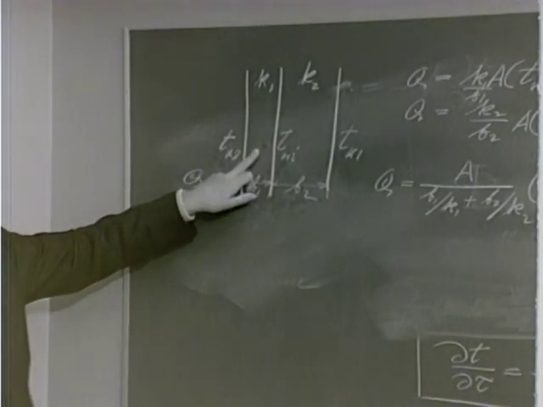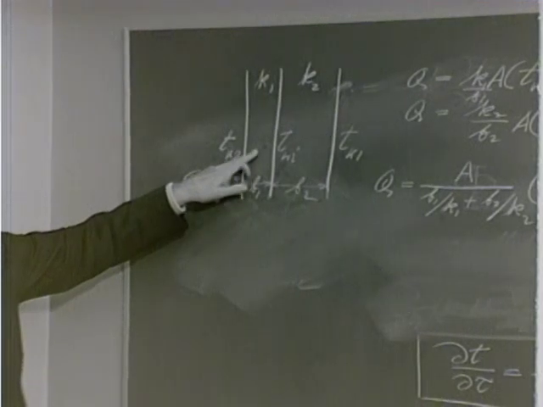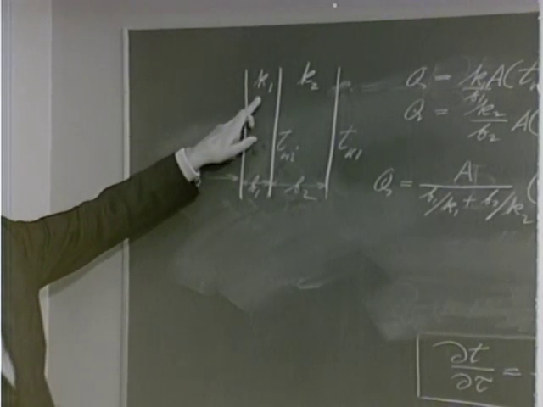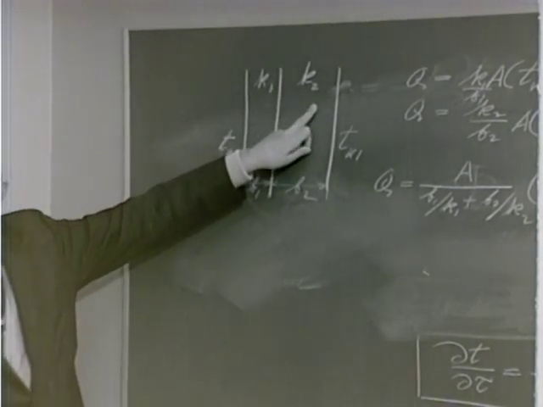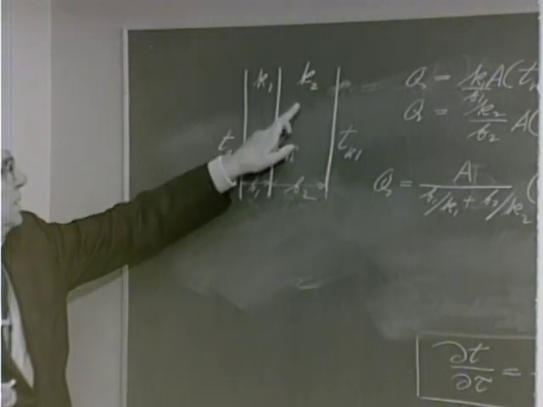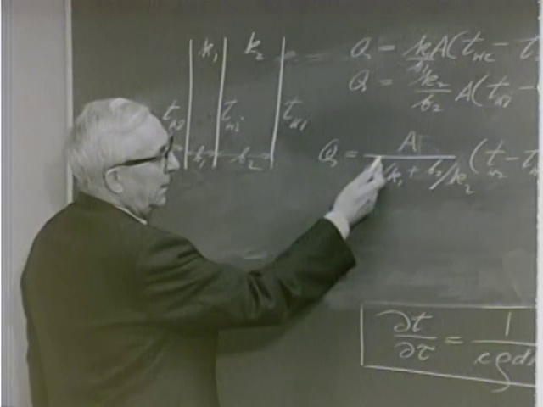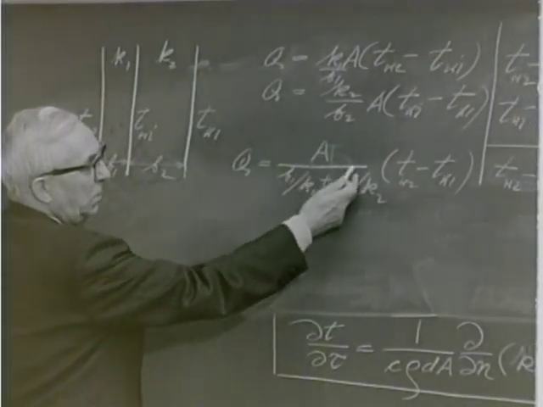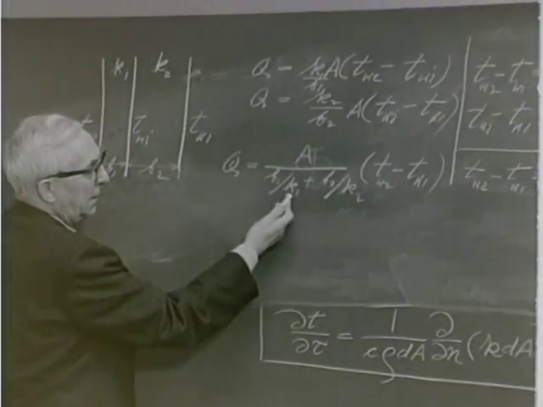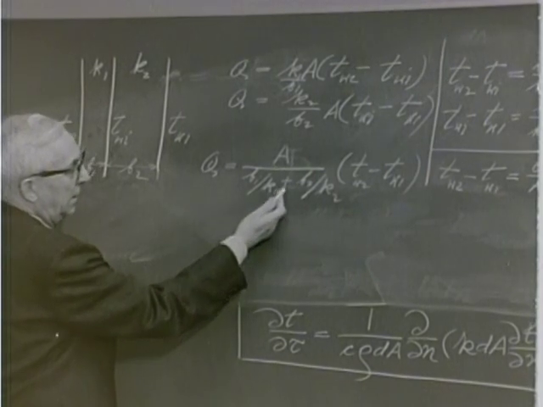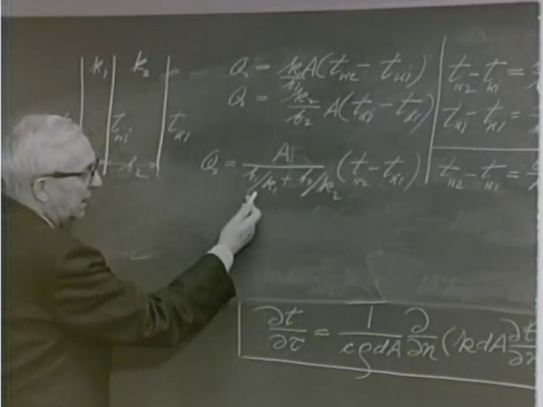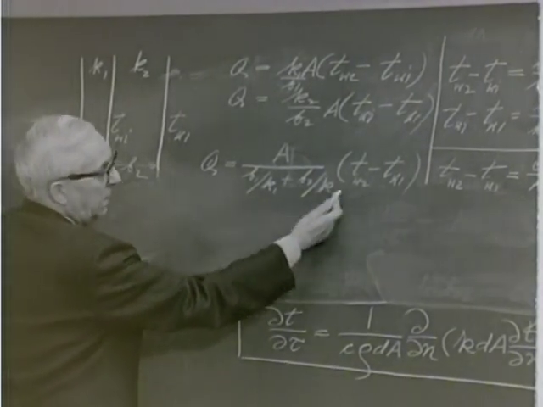Then I know that metal, if you check into the properties, has a very much larger thermal conductivity than the plastic material. So K1 is very much larger than K2. Now, the B's I said I assume to be of the same order of magnitude. The K1 is very large. This means this term will become very small compared to this term here.